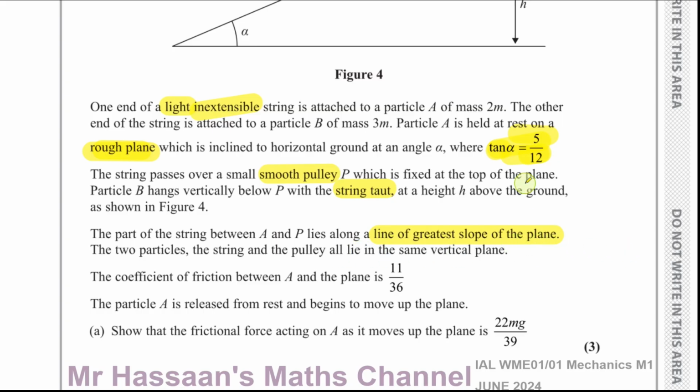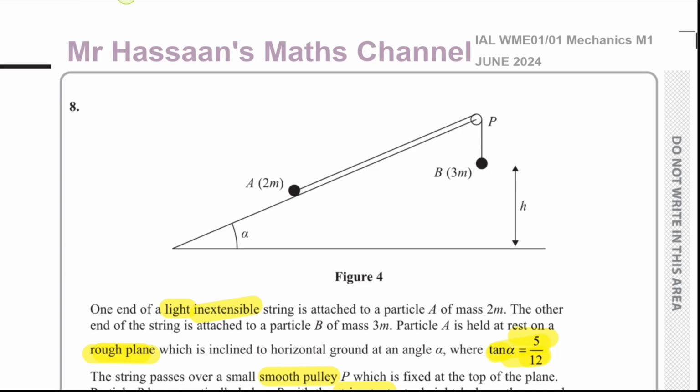So basically, if you were to look at this inclined plane from this angle over here, you would see in front of you something that looks like this, if we draw it three-dimensionally.